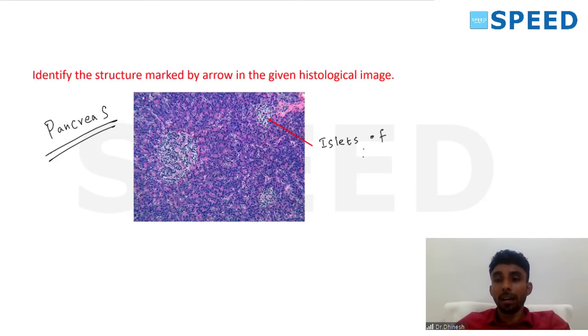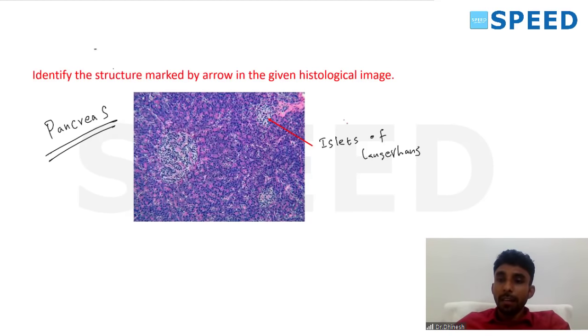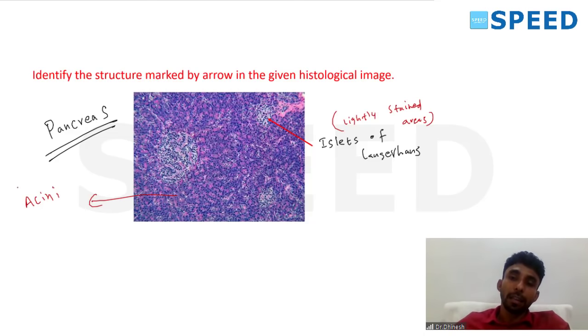Islets of Langerhans. So how to identify the islets of Langerhans? Yes, they are lightly stained areas of the pancreas. And what are these darkly stained areas of the pancreas called? Yes, those are the exocrine part of pancreas called acini, pancreatic acini.